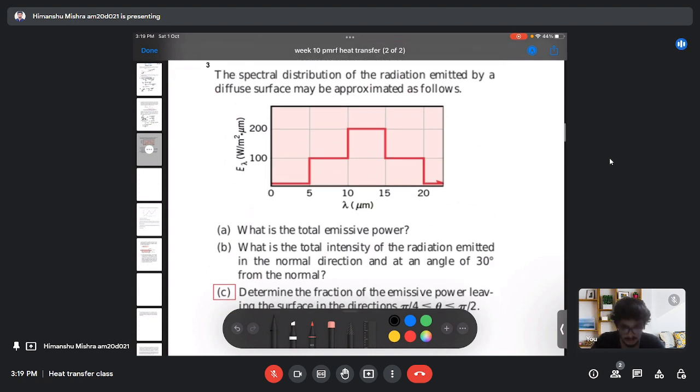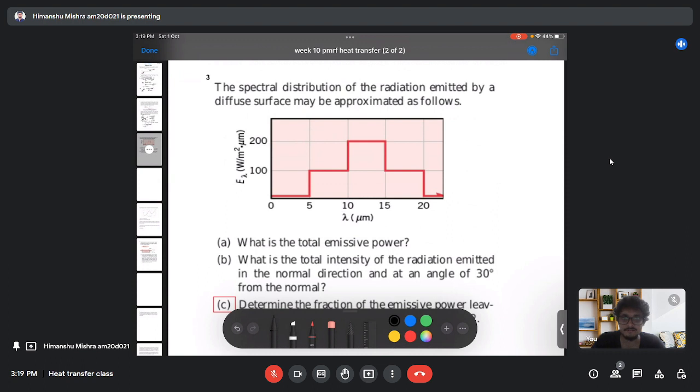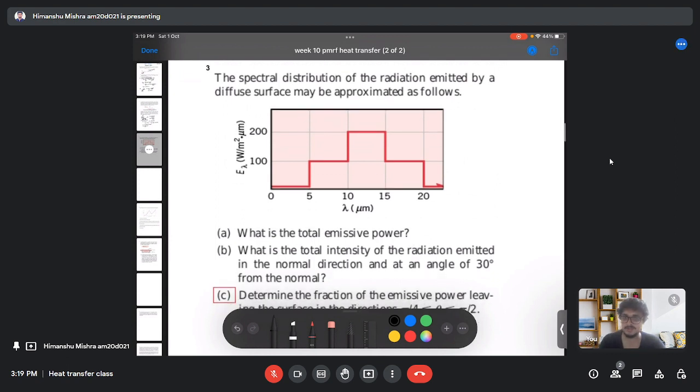In this question, we are given the spectral distribution of radiation in a plot, and in the first part we need to determine the total emissive power. In the second part, we need to determine the total intensity in the normal direction at an angle of 30 degrees.